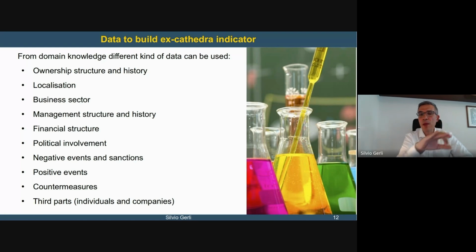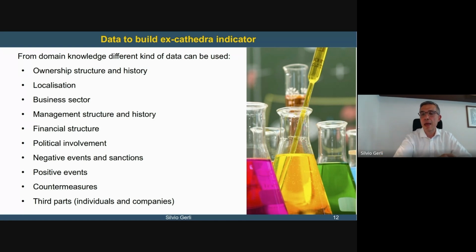And just a point: I'm listing these because these are the data we used in an application we realized, using this kind of data to create indicators according to experience. For instance, localization: we worked with the Catholic University research center, Transcrime, which created a database of the jurisdiction of each comune in Italy, with a risk score for each comune.